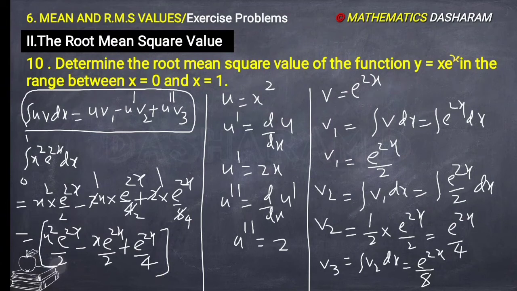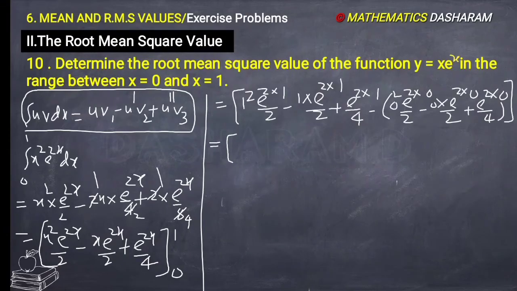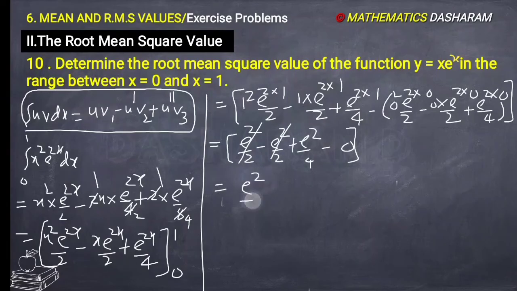Here the limits are 0 to 1. Now substitute the upper and lower limits. So here e square by 2, here also e square by 2, e square by 4.